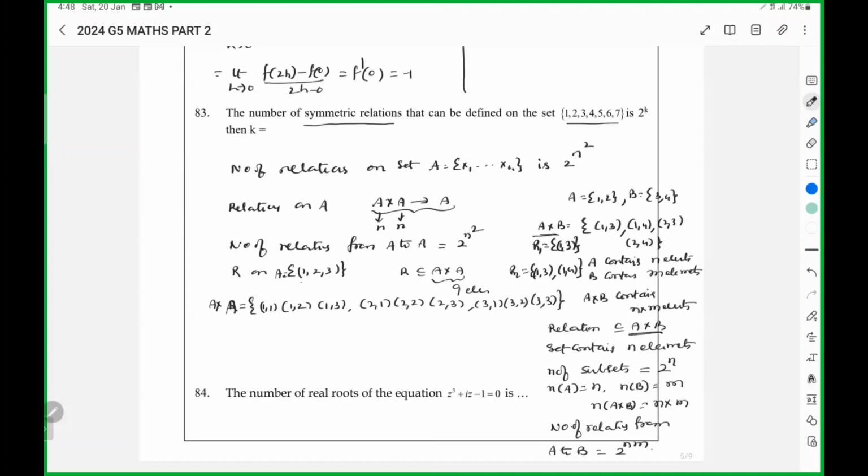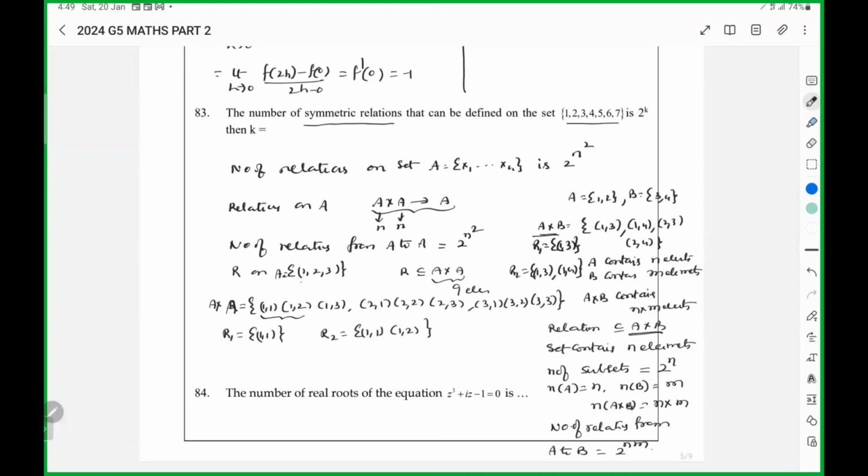Right. Totally 9 elements are there. So which is a symmetric relation? If you take this, it is symmetric. Which is not symmetric? Suppose you take a subset with these two.